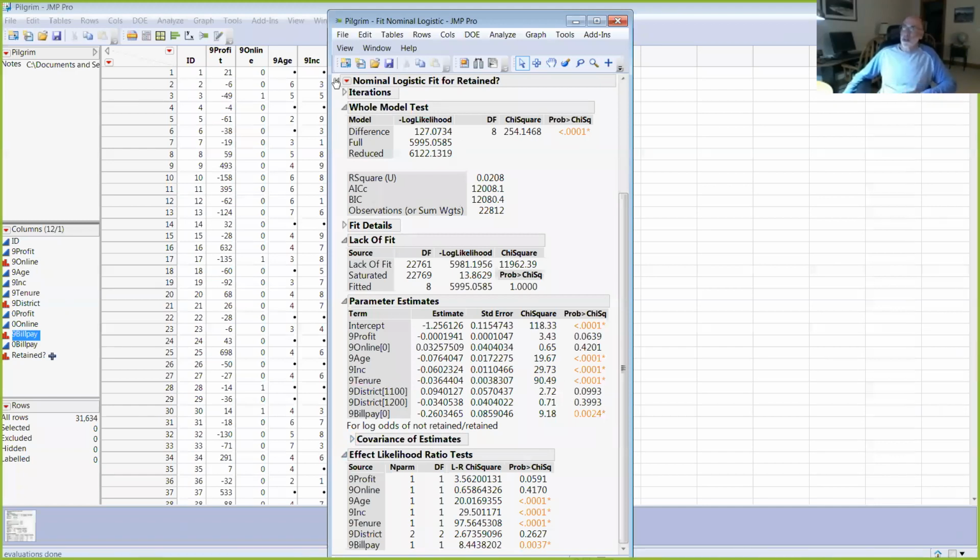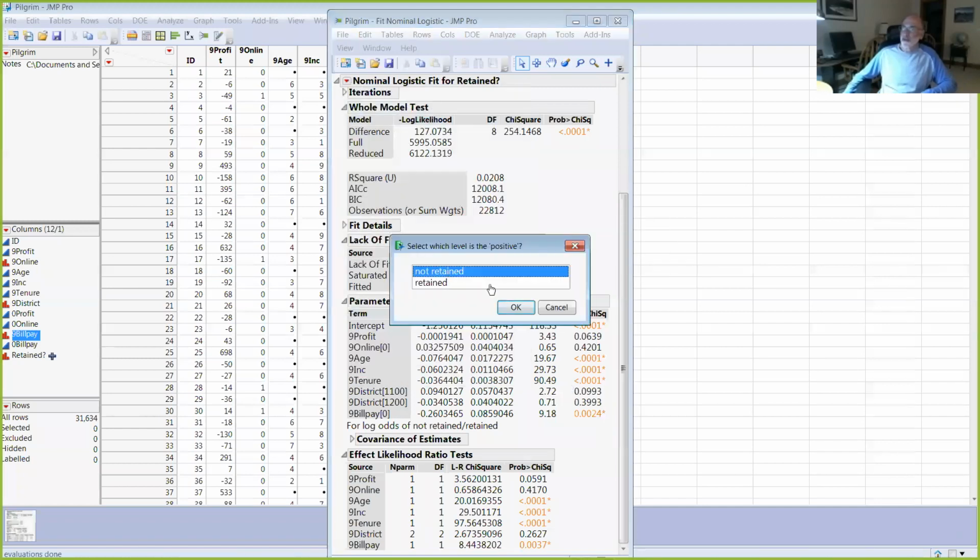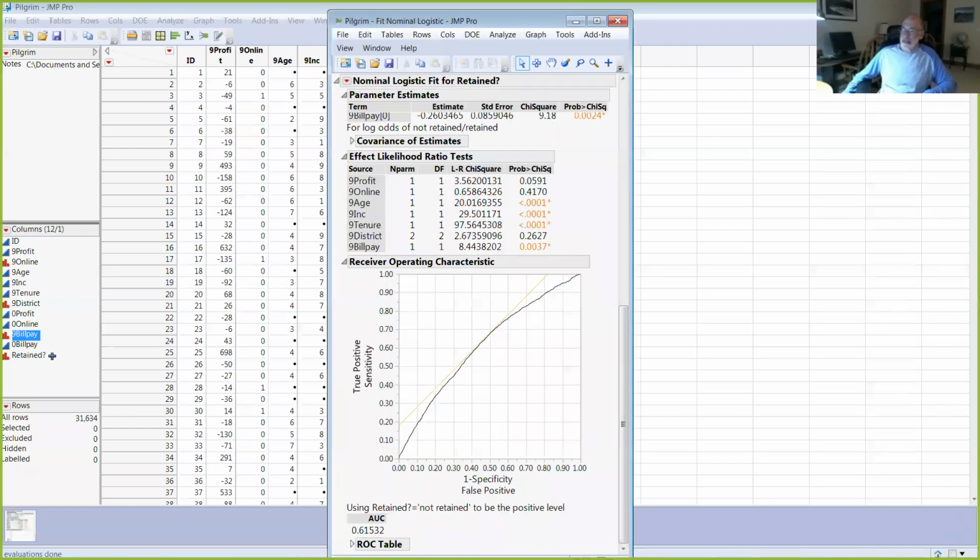Now, how good is this model? Well, we already know about the ROC curve. We could look at that. Focus on the lost customers. 0.61. It is better than random, but not much. It's not great.